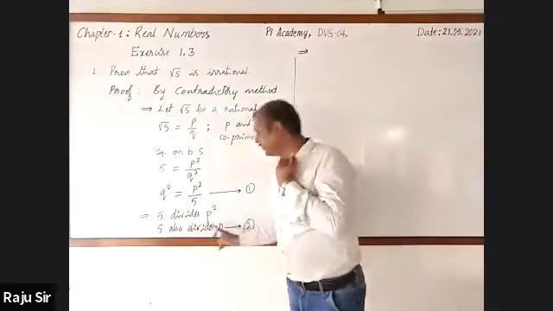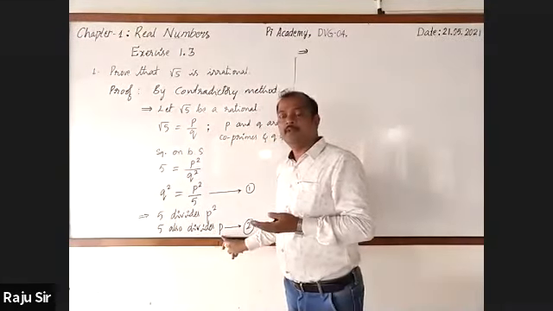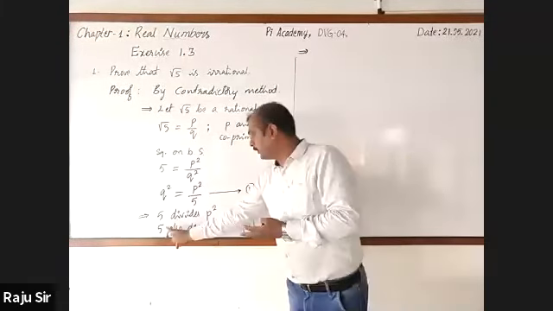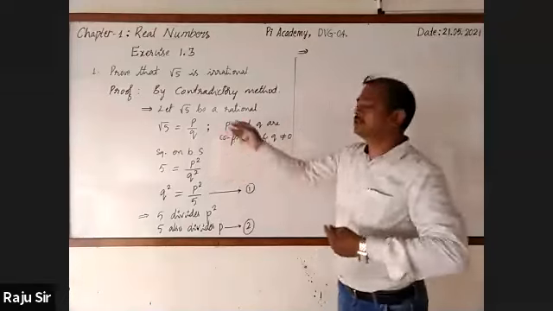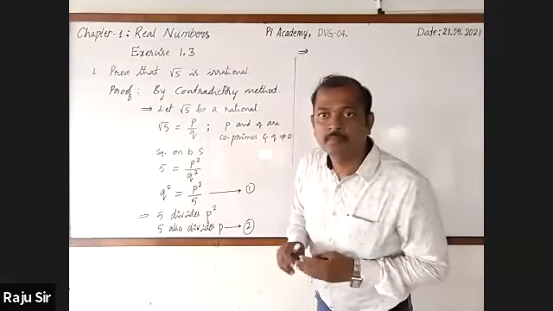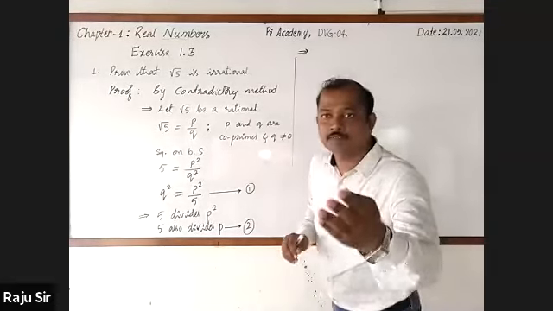If 5 divides p, we can say that 5 is a factor of p. Now we have to follow the steps to show 5 is also a factor of the other one, that is q. Yes, Pranav, you are right.